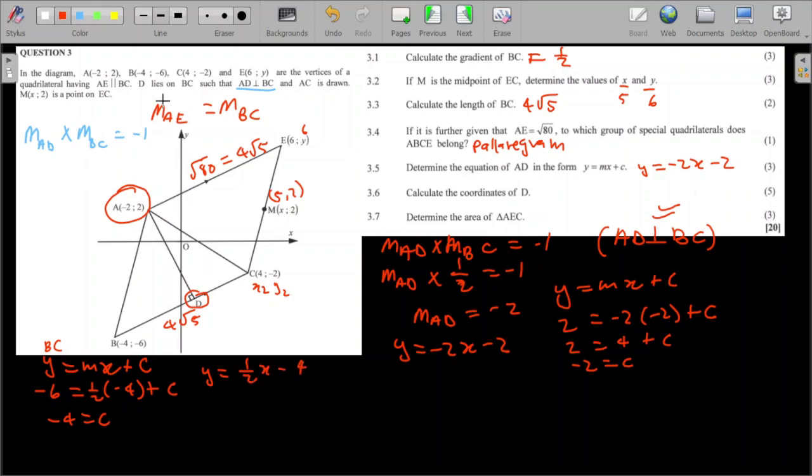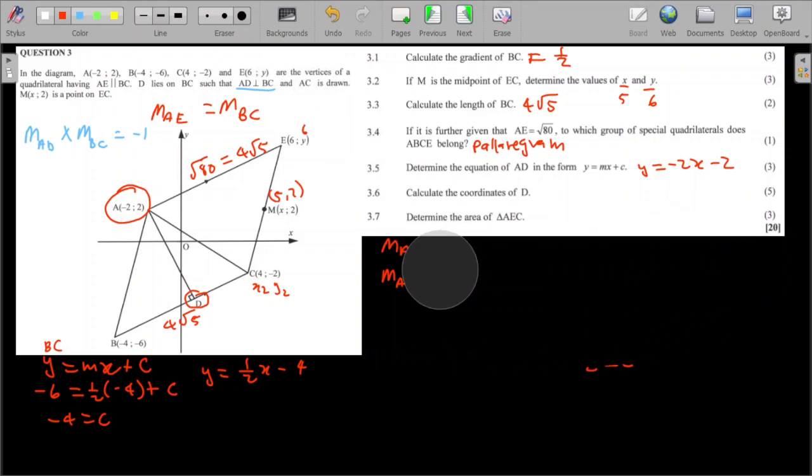So finding now the equation, we equate both of the two equations. So y of BC, 1 over 2x minus 4, equals this one here, negative 2x minus 2. Solving for x, take the other x to the other side.